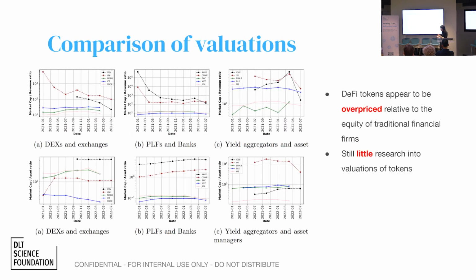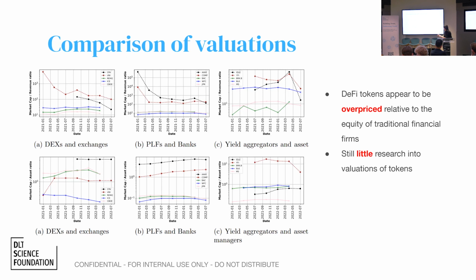I think that's basically the idea of this session: first of all, for you to understand the mechanism of different protocols and the revenue business models of different protocols, and then use this knowledge to do a more fundamental valuation as opposed to technical valuation, technical analysis.